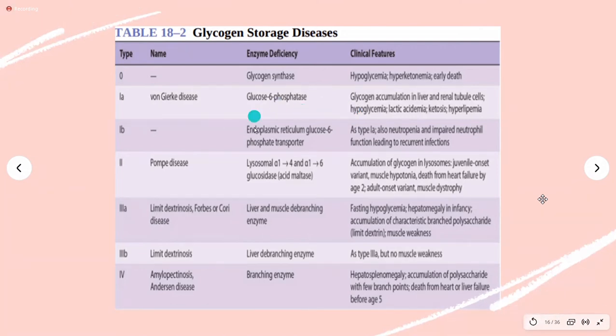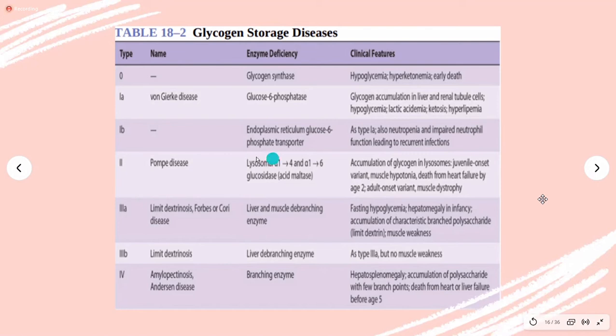Okay. There's another one, endoplasmic reticular glucose 6 phosphate transporter. So there is no transporter of glucose 6 phosphate, so you will have similar glycogen accumulation. Okay. Next one is Pompe's disease. So this is in the lysosome.